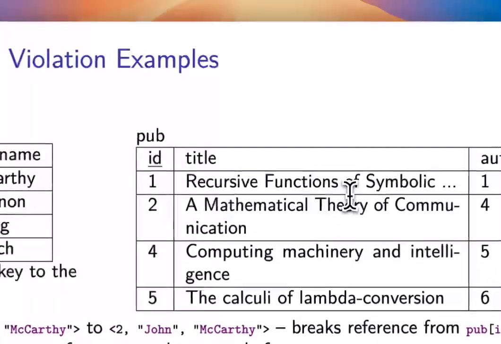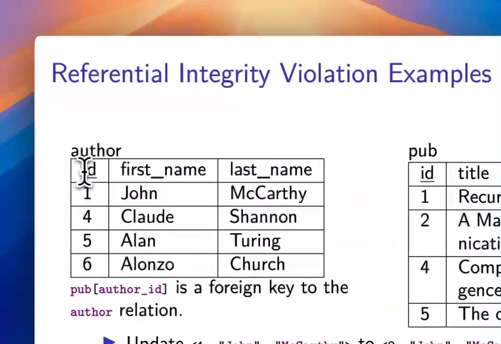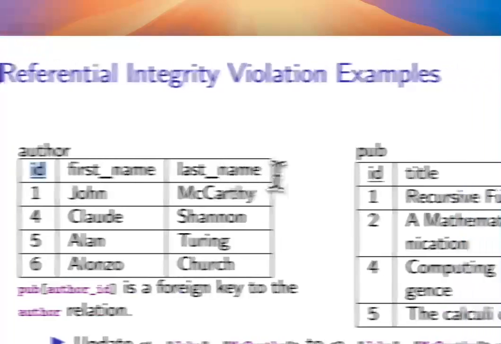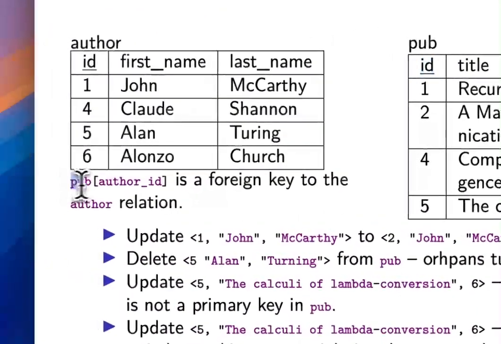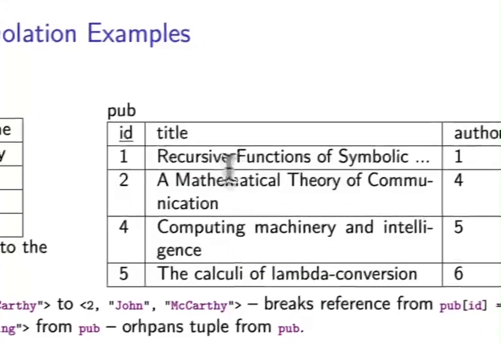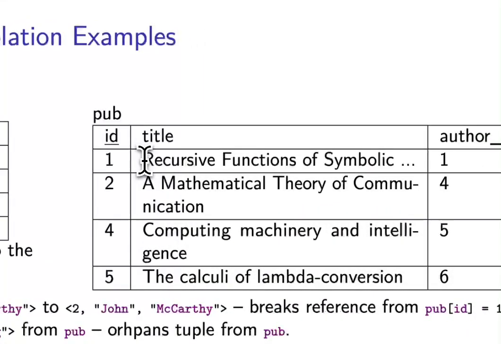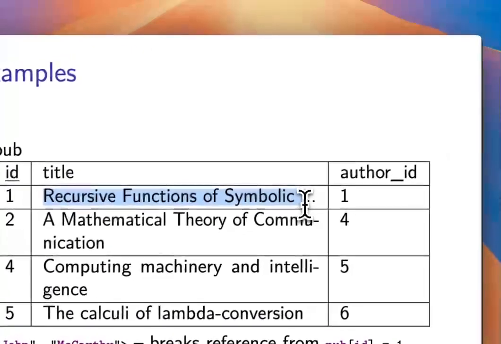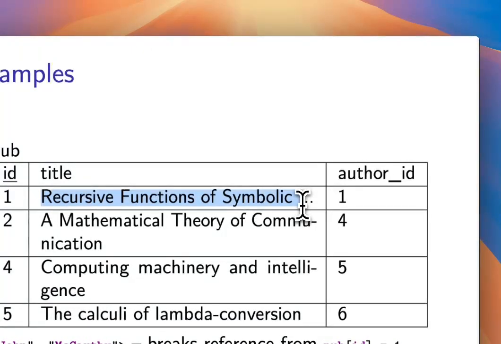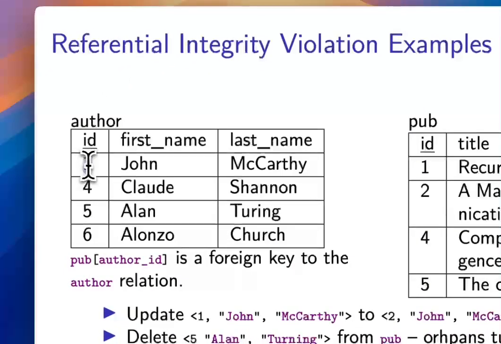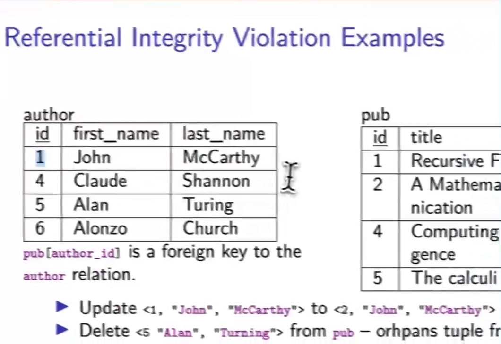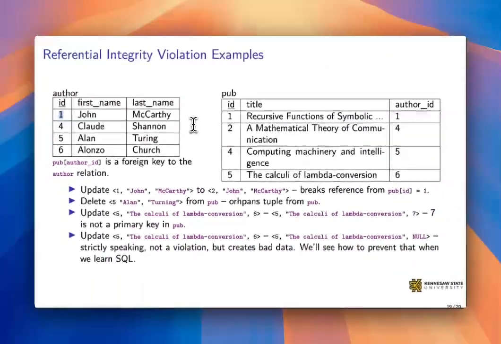So we have the primary keys underlined for each table. And then we say that pub author ID is a foreign key to the author relation. So that means Recursive Functions of Symbolic Expressions and Their Computation by Machine has author ID 1, which references the primary key of 1 in the author table, meaning John McCarthy is its author.